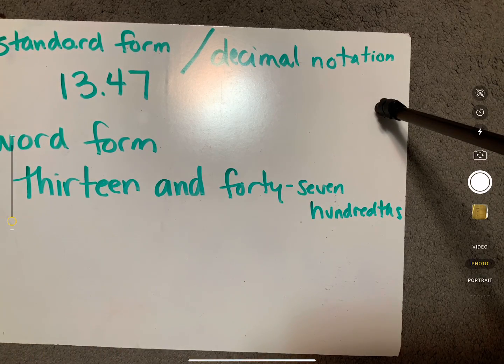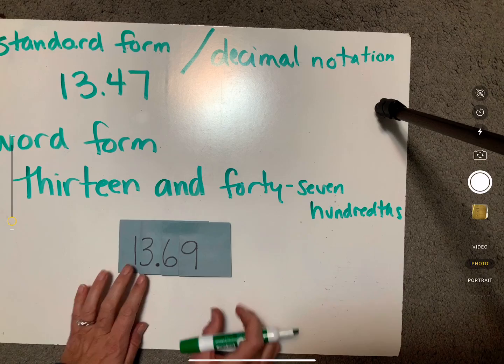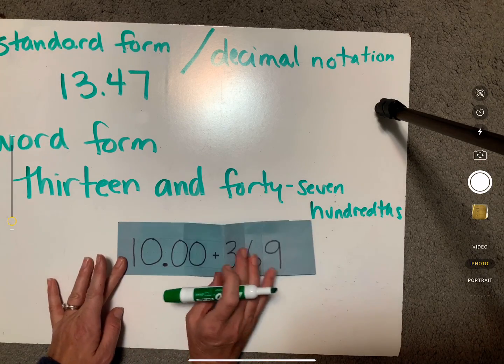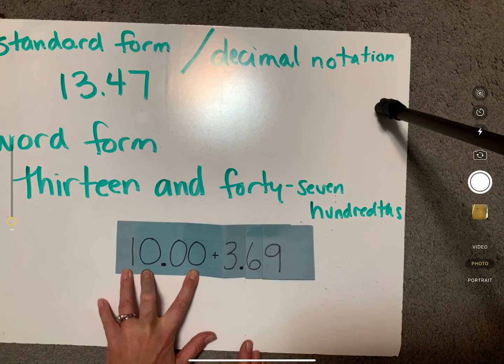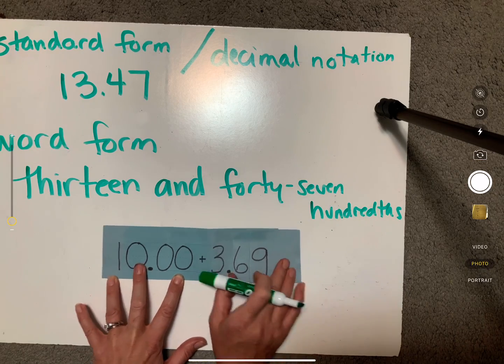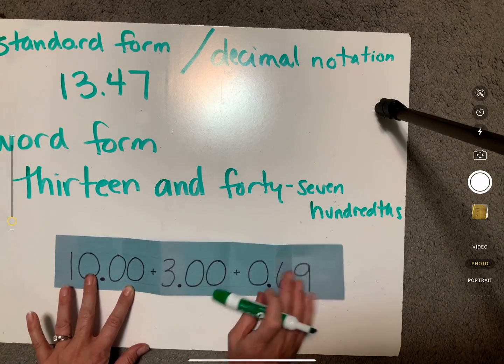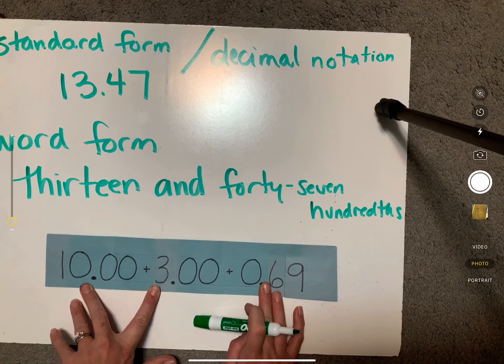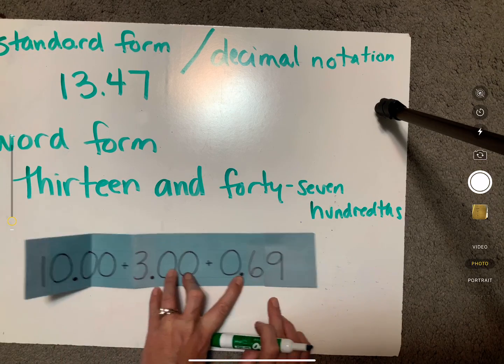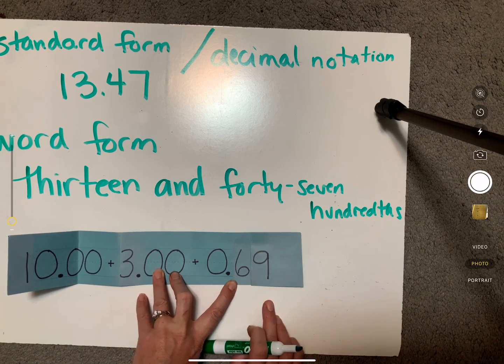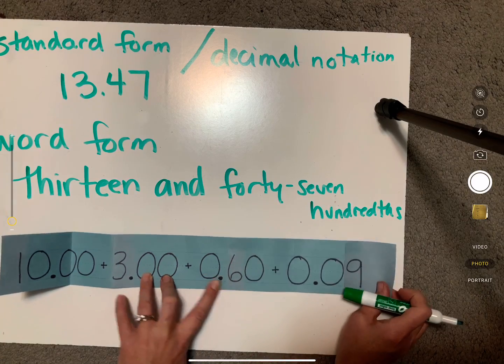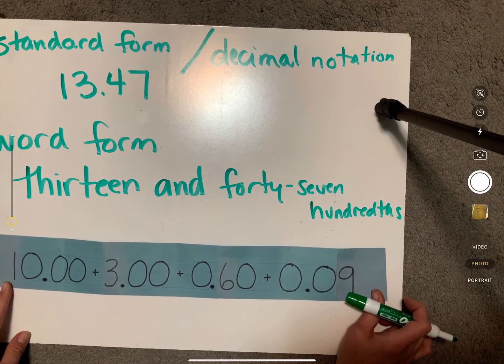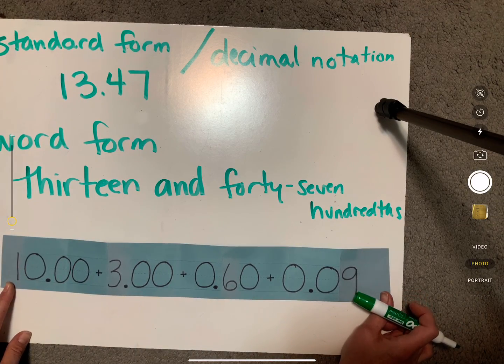Now this is where my accordion number comes in. When we do expanded form, same thing, I'm going to pull this out. So this 10 is a 10, so 10.00. The 3 is a 3. The 6 is in the tenths place, so that'd be 6 tenths. And the 9 in this case is in the hundredths, so 9 hundredths.